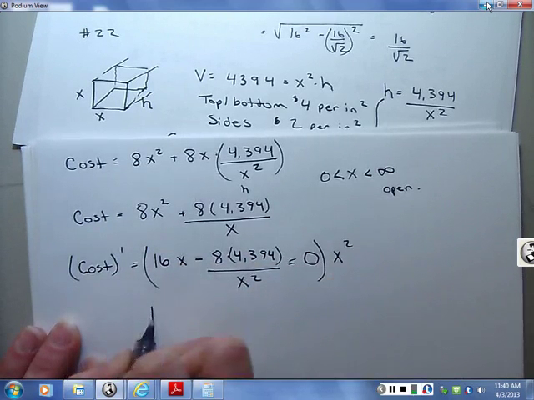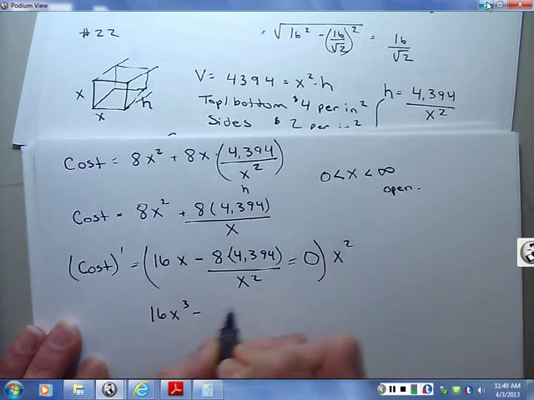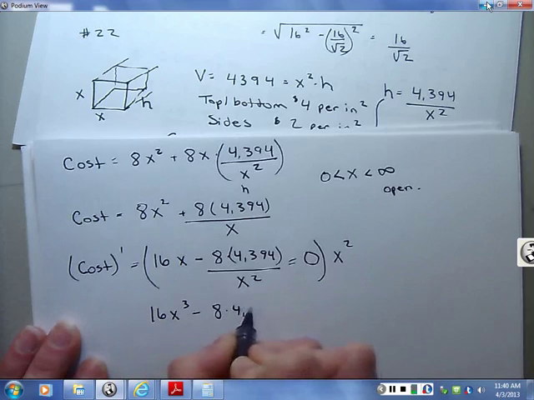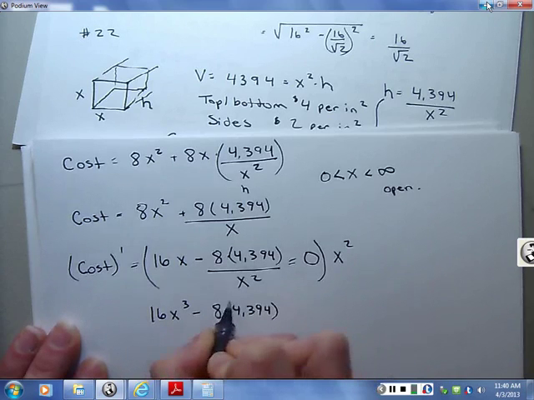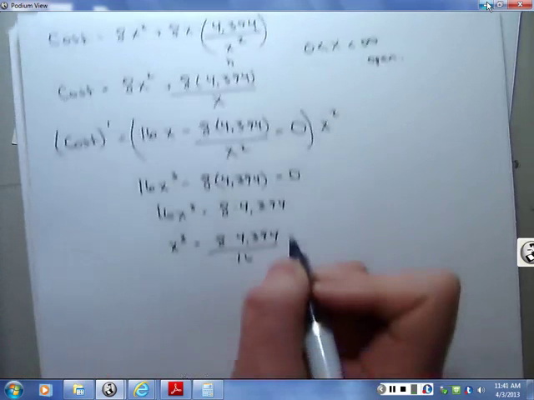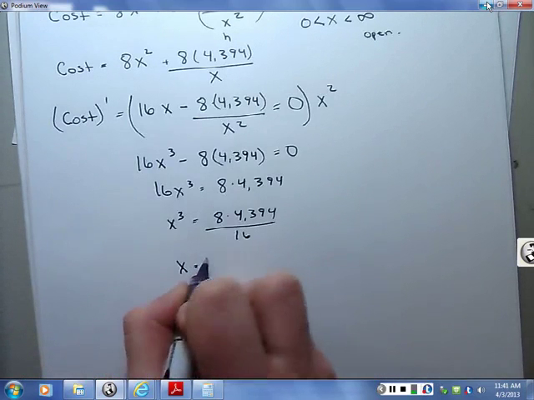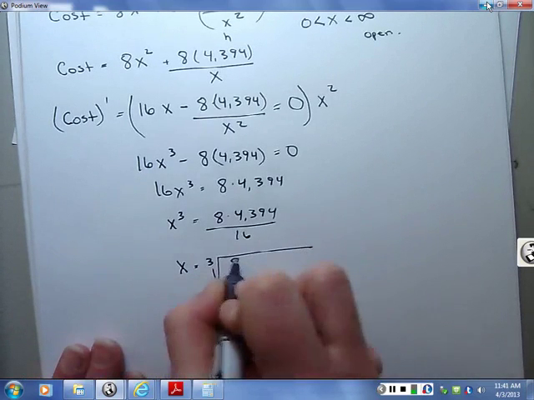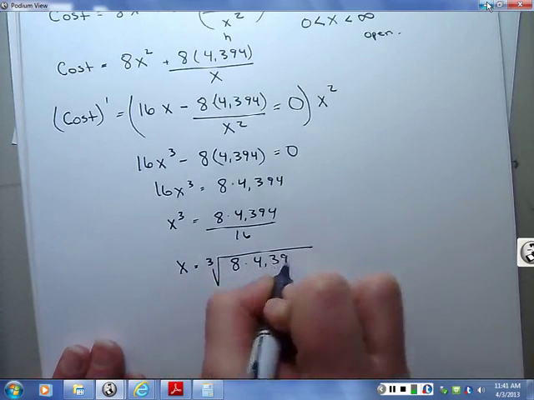So I end up with 16x cubed minus 8 times 4,394 equals 0. So I have 16x cubed equals 8 times 4,394. X cubed equals 8 times 4,394 divided by 16. So then x equals the cube root of that. Does someone with a calculator want to plug that in?